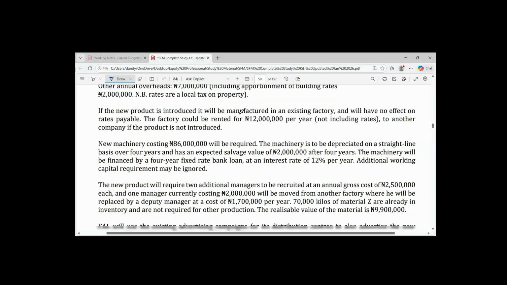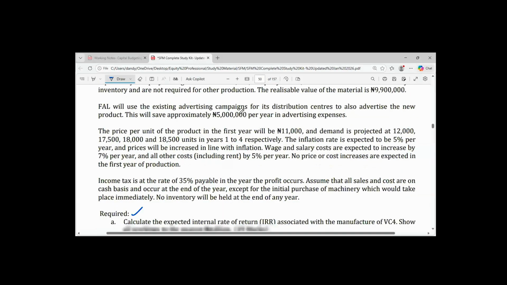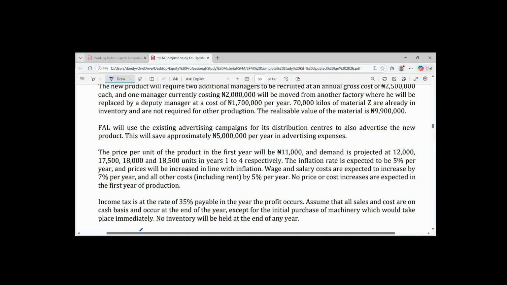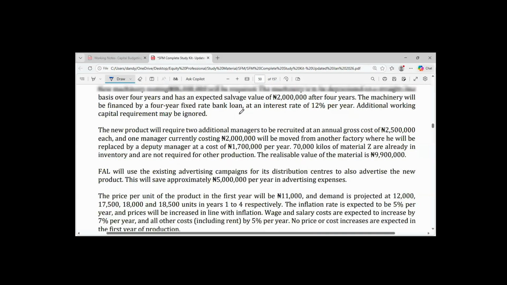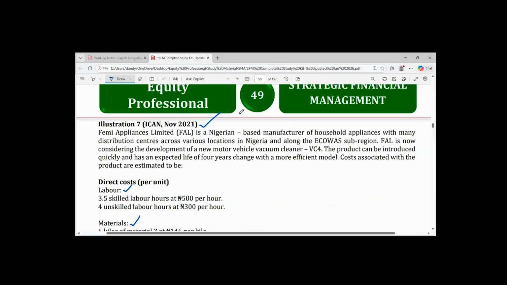So to solve this question correctly, you have to bring out all relevant variables line by line before you begin to solve. All right. So as I'm reading, any information that I have that is relevant, I will go and do working for that. I need you to open the material at your end because I may need to switch so that we can complete the question as quickly as possible.